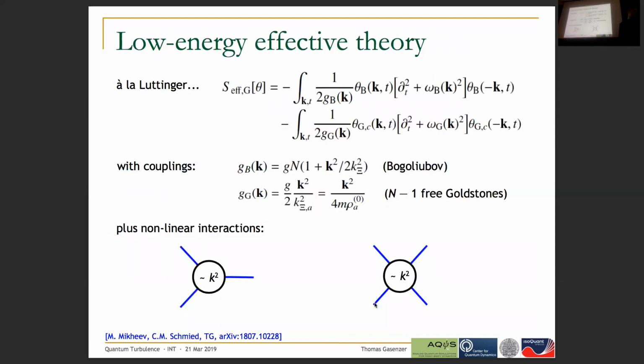But now after that, I can go ahead and write down a weak wave turbulence scaling analysis as you all know it, just using this free part of the theory and these interactions. When I do that, and let me not go through the details, what you find is beta equal to 1/2. And now imposing particle number conservation, I get alpha equal to d times beta.